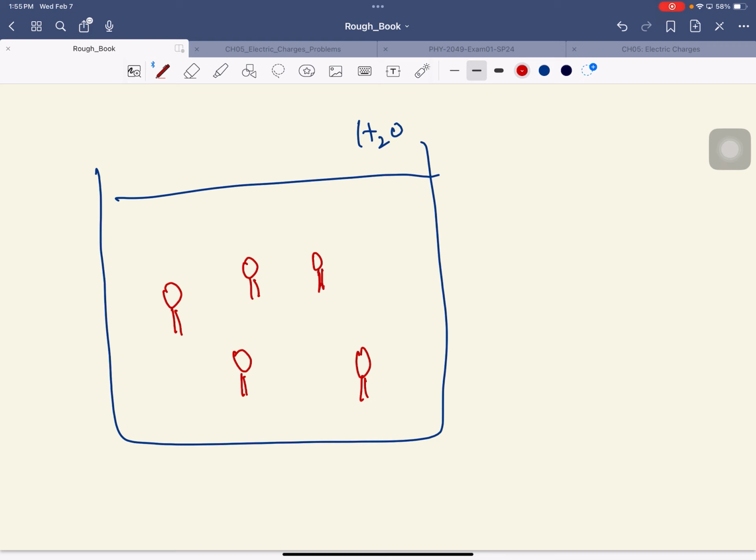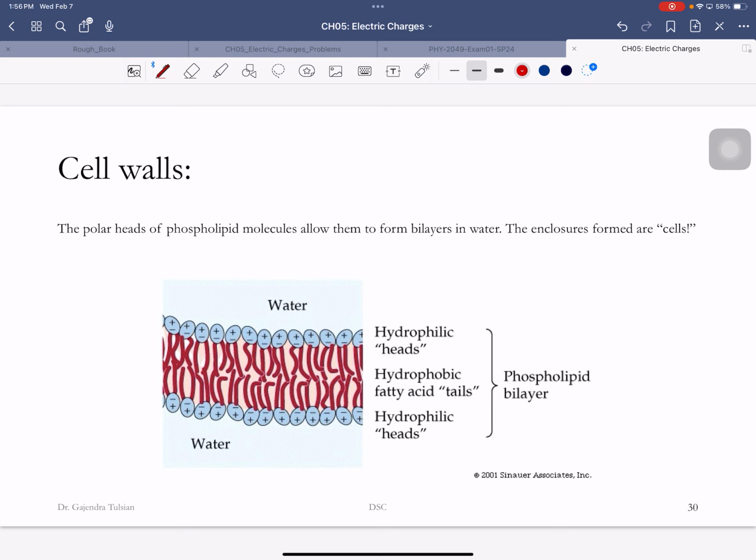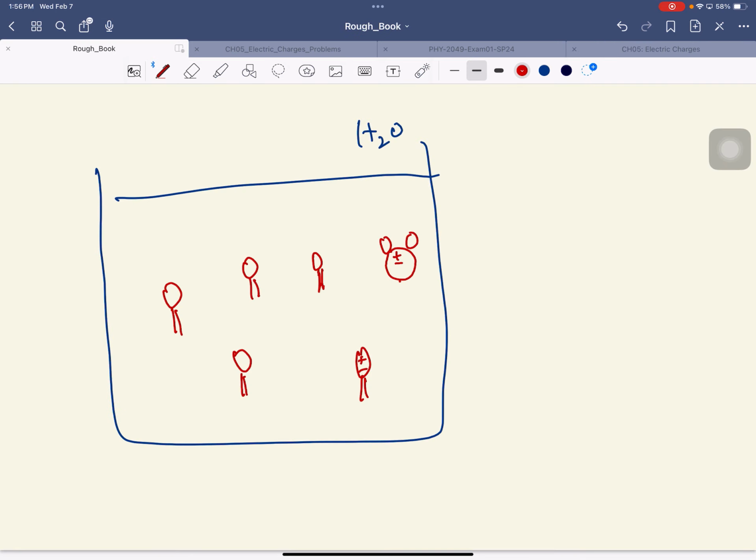Here's what happens. These are polar, right? And water molecules are these Mickey Mouse molecules with negative there and positive there. So these guys will attract to water molecules like that. This is the lowest energy configuration.